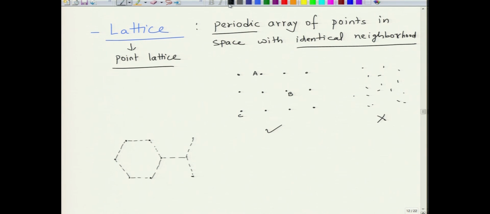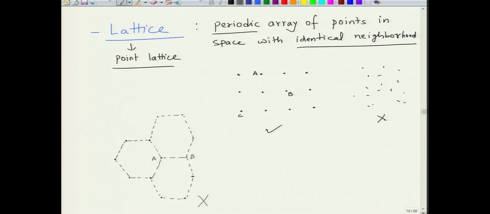If you go down one more point here and another point here, all these points have equal spacing with respect to each other, sort of hexagonal. It is sort of distorted here, but it is a hexagonal network. But if you look at this point A and this point B, the neighborhood is not identical. For A, you have one point on the right, 2 points on the left at certain angles. For B, you have 2 points on the right, 1 point on the left. So, this is not a point lattice, even though it looks like a regular ordered arrangement.